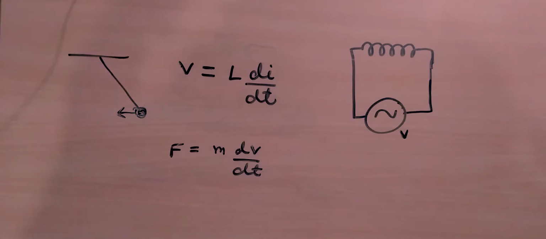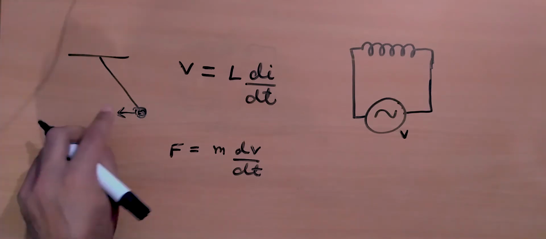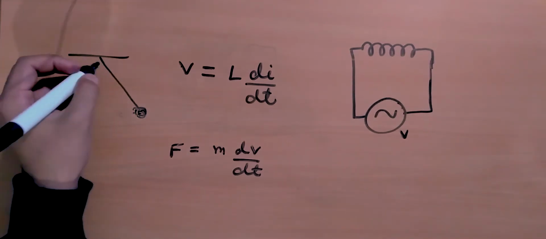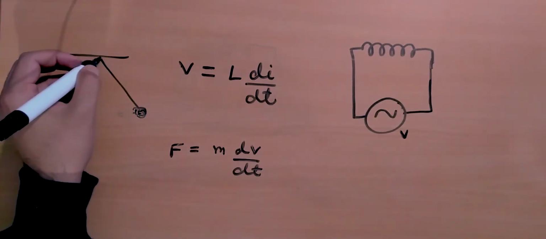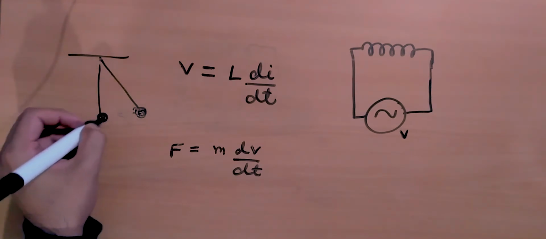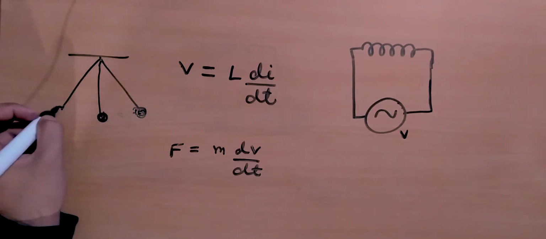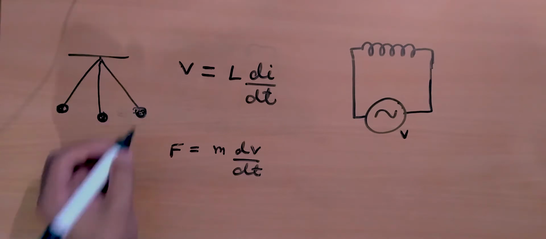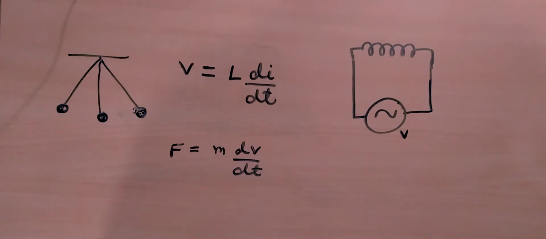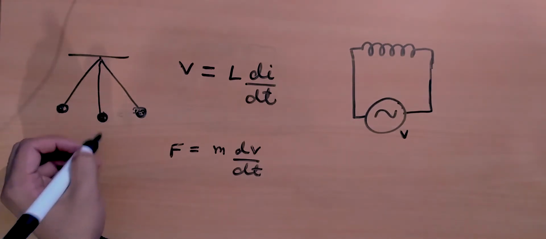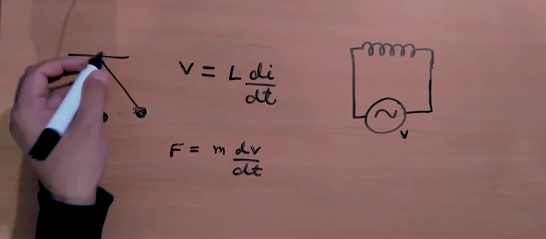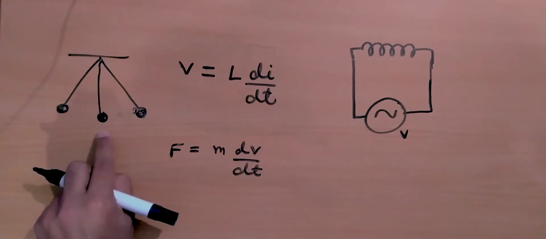Now, another interesting phenomenon that you can see in this, and you can relate it too. Let's consider three important positions: this extreme position, then the mean position, and the other extreme position. Now, where is the force maximum on the ball? Well, here obviously the force of gravity is being cancelled by the tension in the string, so net force is 0 in this case.